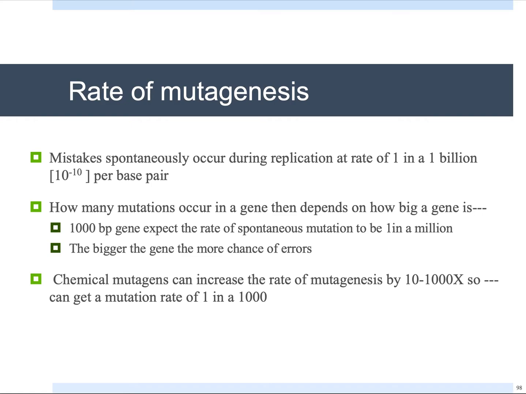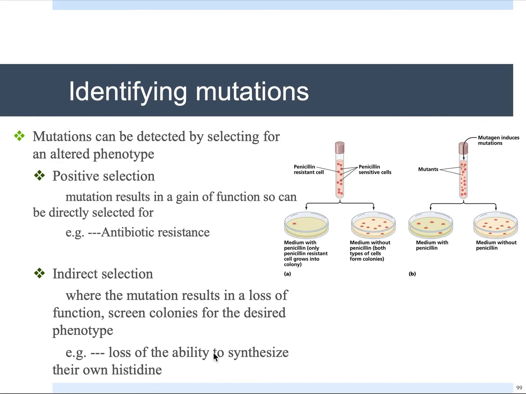In eukaryotes, it's a bit more common, so you have 1 in 100 to 1 in 1,000, but that's still a lot of base pairs before you see mutations. And it all comes down to how big the gene of the organism is. So prokaryotes, based on their cell sizes, have a lot more genetic components than eukaryotes. But what the mutagens do is that they will significantly increase the rate at which these mistakes happen in the DNA.